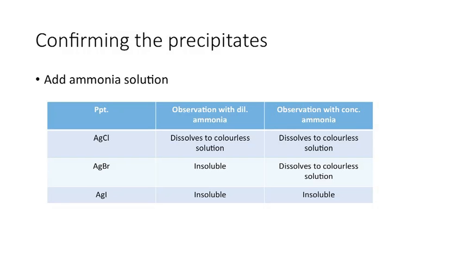So this is done by adding ammonia. So effectively what happens here, because we get our precipitate being formed, which is our white precipitate here, because we've reacted it with silver nitrate and will form AgCl. So for example, you add dilute ammonia and you add concentrated ammonia in different samples.